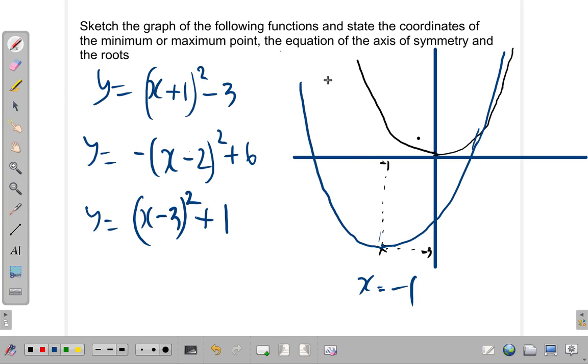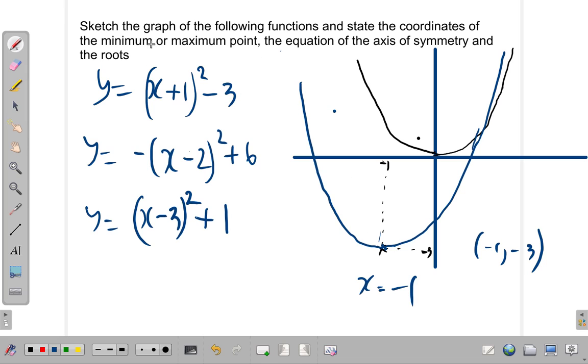The minimum or maximum point, this has a minimum point and it's located at -1, -3. So just by looking at this, if you shift it 1 unit to the left, it's located at -1, and 3 units down, it's at -3. The equation of the axis of symmetry is x equals -1.